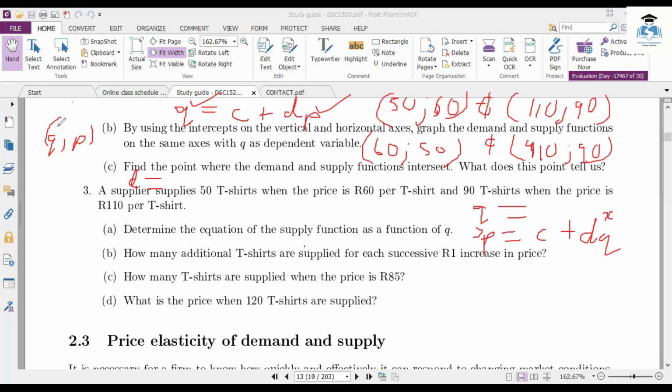So this is Q1 and P1, then we also need Q2 and P2.